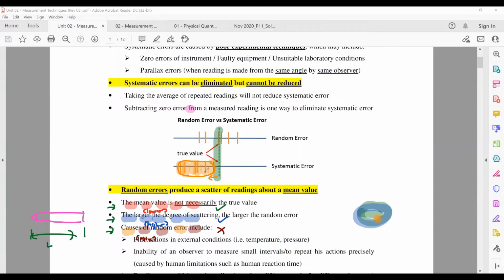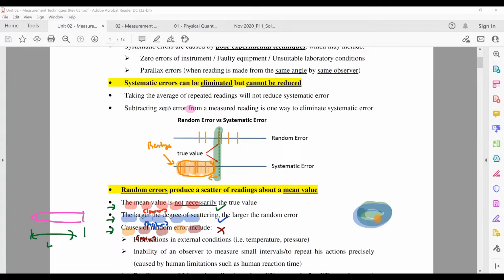You see all your values are skewed towards the left, or below your true value. There's a degree of skewing. You can see some sort of offset of your readings from your true value.